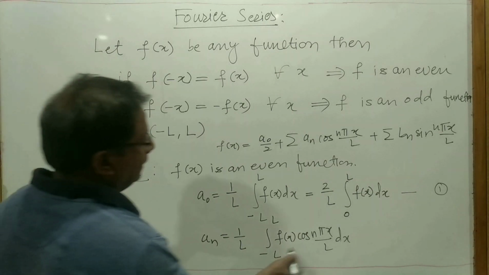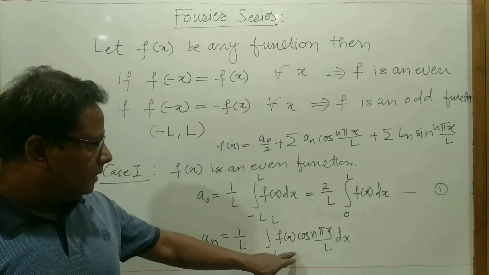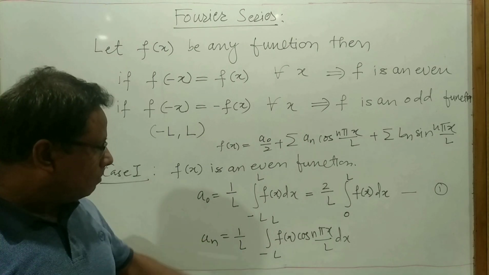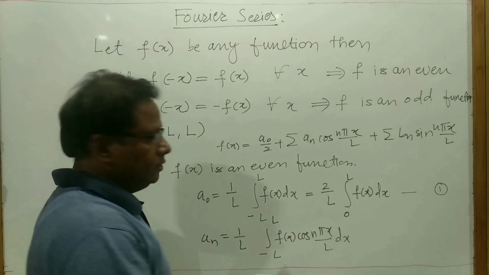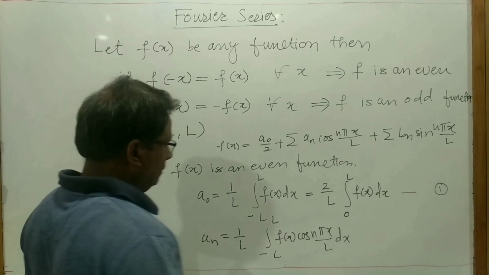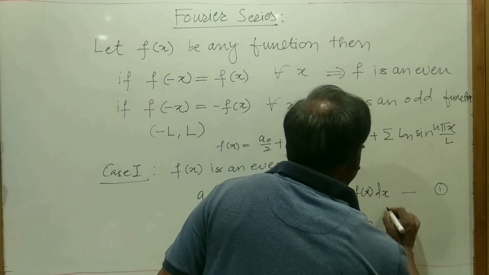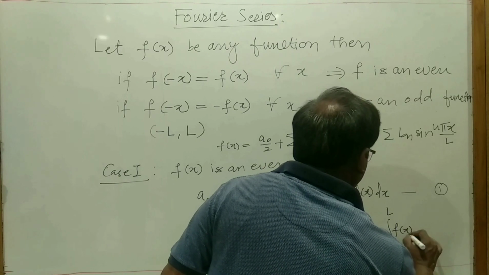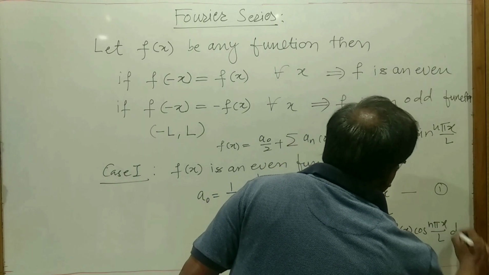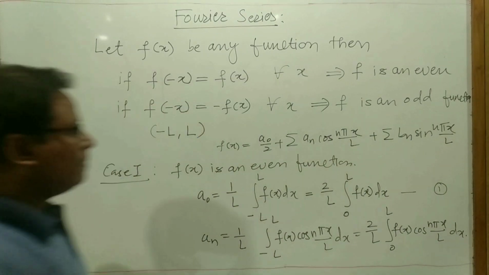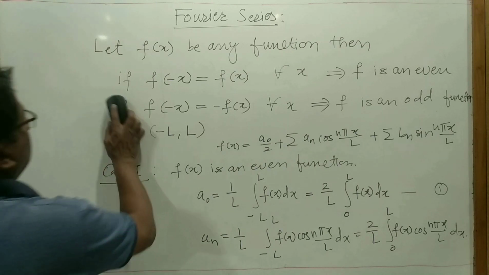Therefore, this integrand is an even function, and when we integrate an even function from minus L to plus L, it becomes 2 times the integral 0 to L. So this is also equal to 2 upon L integral 0 to L f of x cos n pi x upon L dx. And then what about this bn?